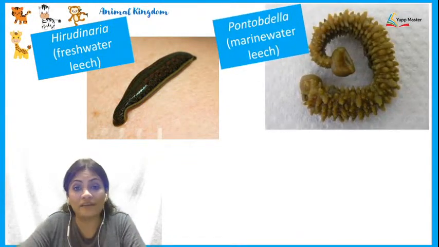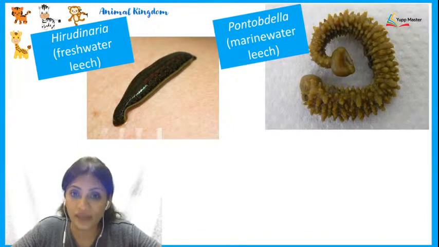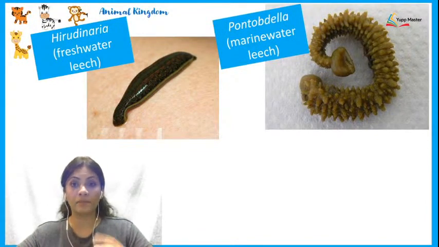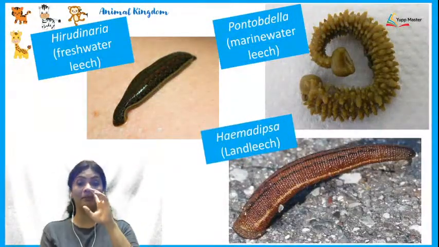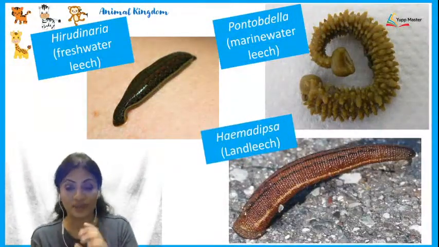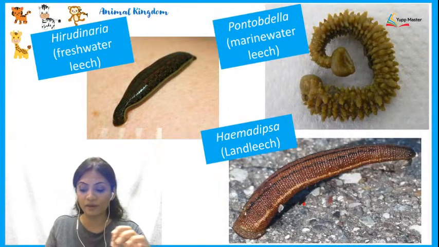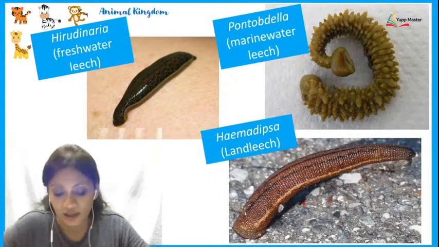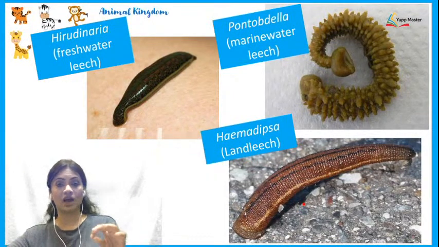Then we have another example called Pontobdella, which are none other than the marine water leeches. And I told you that the leeches can be terrestrial also. So the land leeches are the third one that you're seeing over here, and these are known as Hemadipsa. The Hemadipsa leeches are the land leeches.